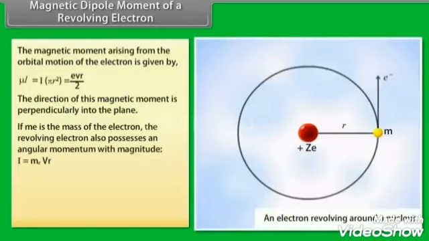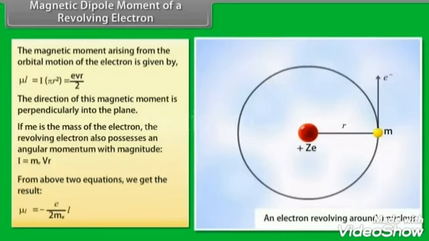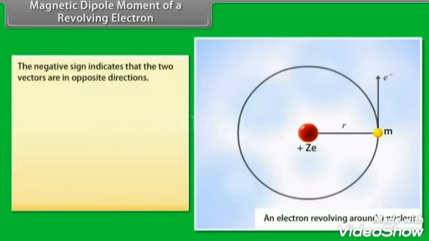If m e is the mass of the electron, the revolving electron also possesses an angular momentum with magnitude L equal to m e into v into r. From the above two equations, we get the result mu L is equal to minus e by 2 m e into L. The negative sign indicates that the two vectors are in opposite directions.